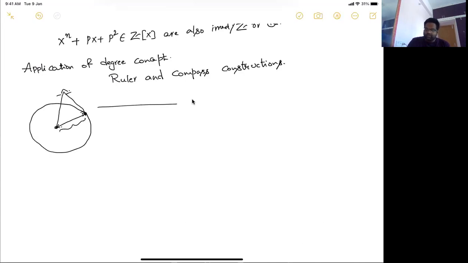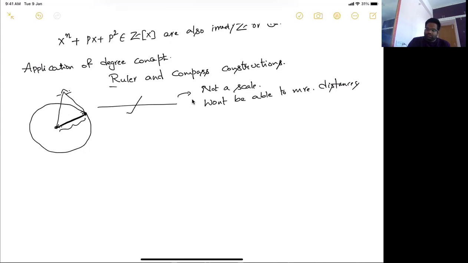But the important point you need to understand is that it is not a scale. That is to say, you won't be able to measure distances. All you can do with a ruler is to draw a straight line. And all you can do with a compass is to transfer any given distances, but you are not actually able to quantify the distance. And you are able to draw circles using the compass.